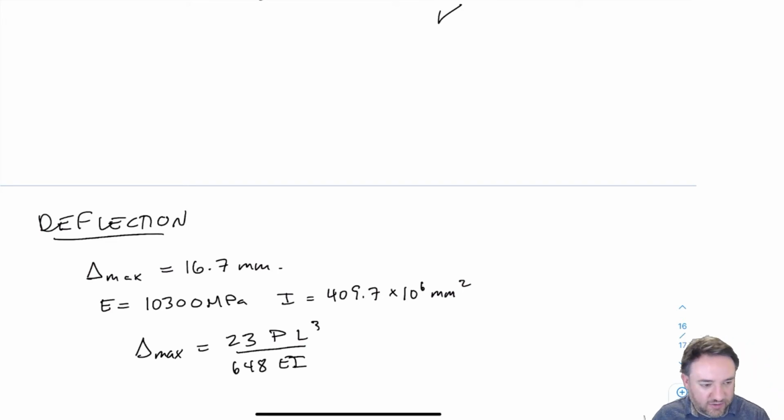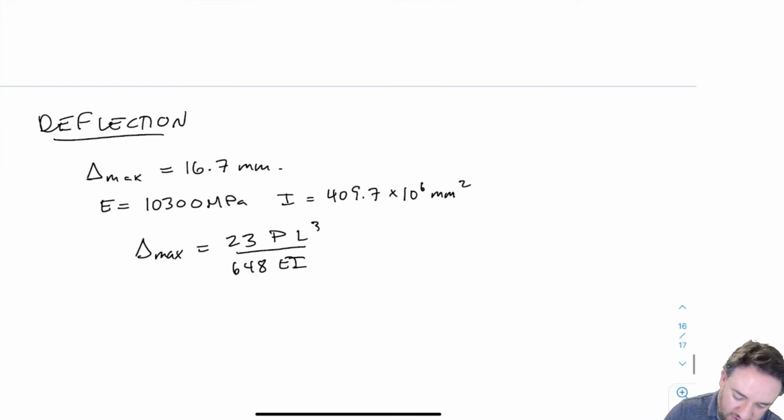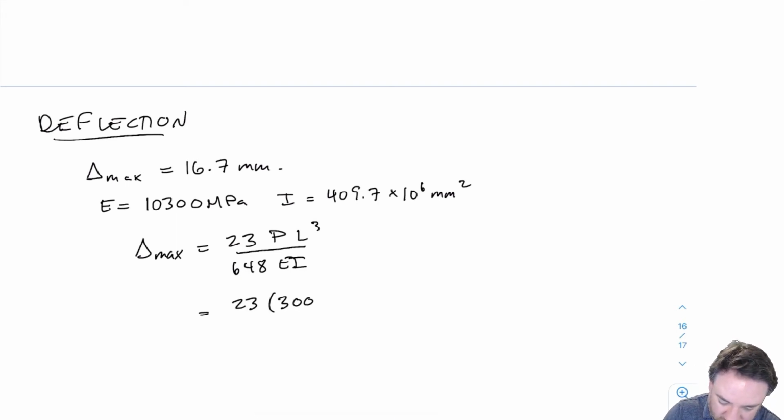And my P here is my individual load, and that has to be my unfactored load, as you recall, since we're doing deflection, so that's serviceability. So this is 30 kilonewtons. The length is 3,000 millimeters. We're going to cube that, divided by 648.